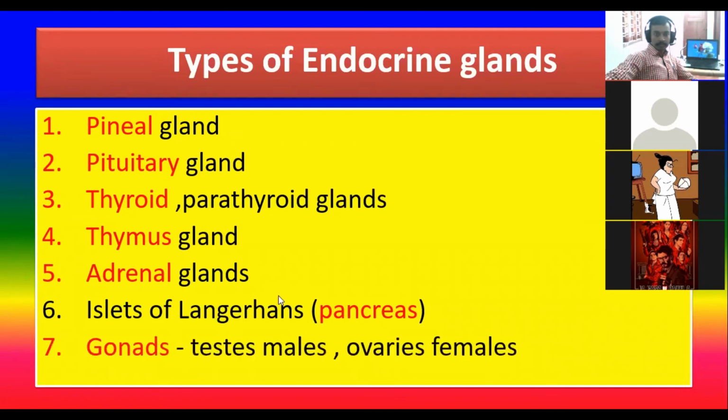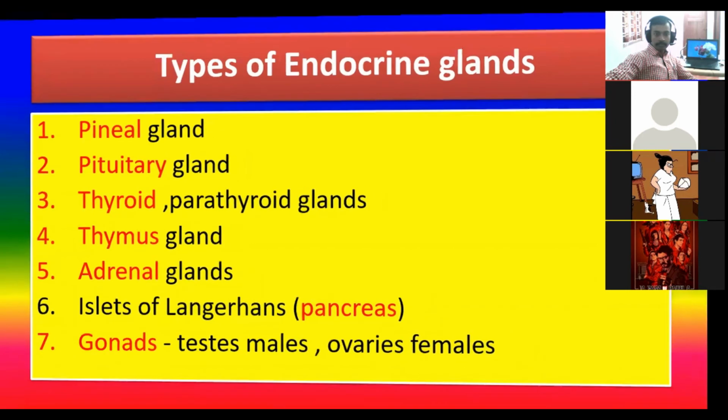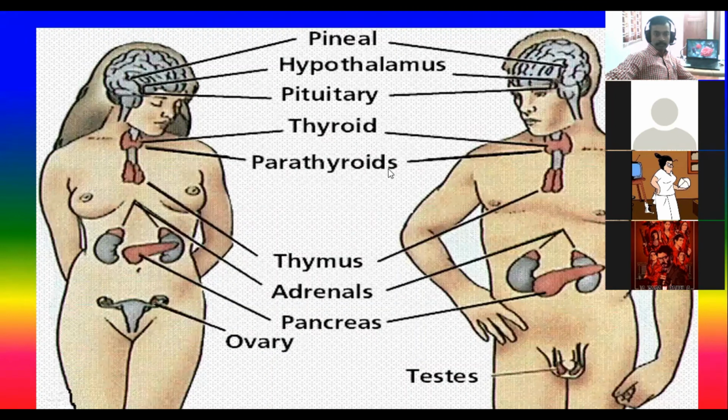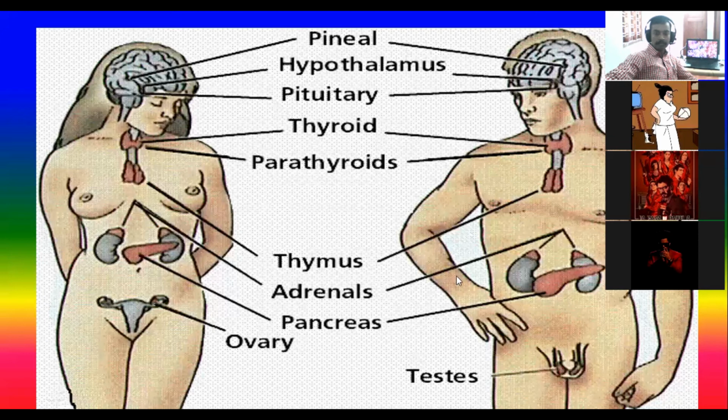Seventh, gonads. Can you see these pictures for every type of gland? The pancreas has both types of glands: exocrine as well as endocrine secretions are available.